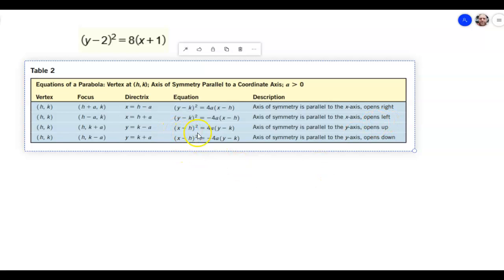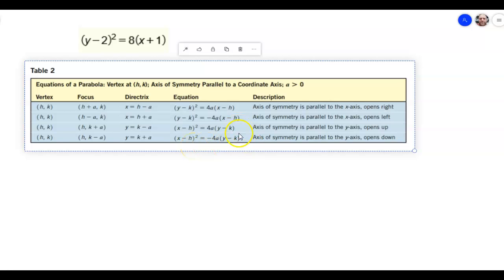Now, if the x is squared, that is like your normal equation. When you think of a parabola like y equals x squared, it either opens up if it's positive, or opens down if it's negative. Since the y is by itself and the x is being squared, these are your typical parabolas.